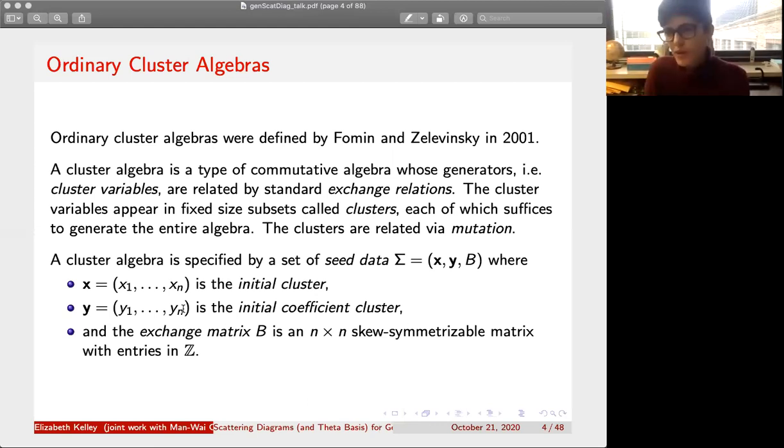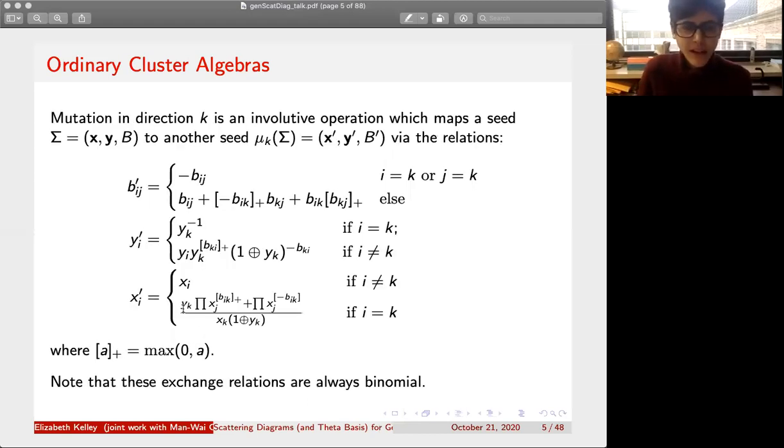So all the information about those relations is encoded in this matrix. And in some cases, this matrix is actually maybe an adjacency matrix for a quiver, and there are some nice models, but I'm not going to talk at all about this entirely different and really beautiful branch of cluster algebra theory.